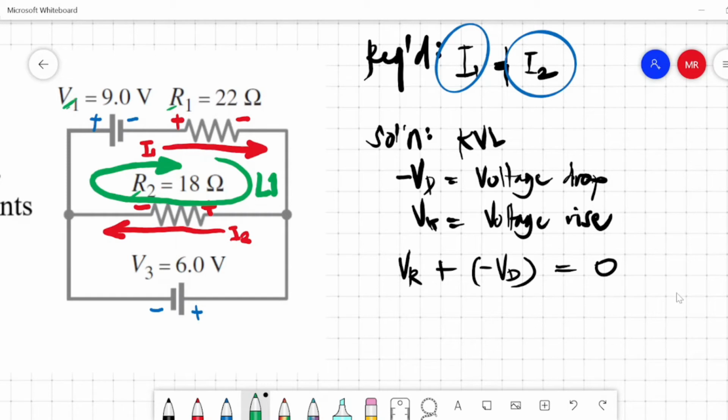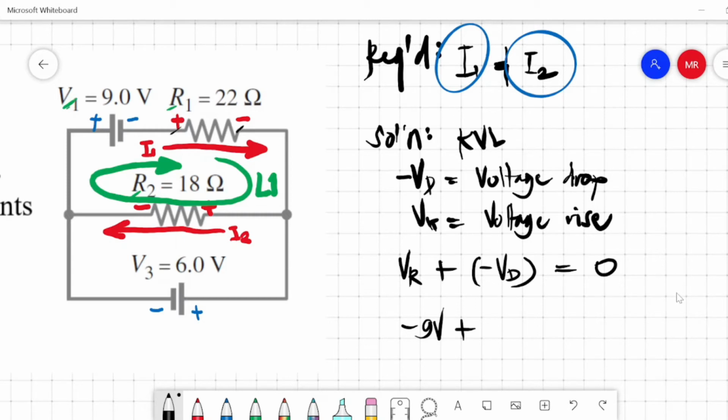Therefore, V1 is a voltage drop or a negative potential. Therefore, this 9 volts will become negative. Okay, so this is negative 9 volts plus going through R1, it will enter the positive and leave the negative terminal.